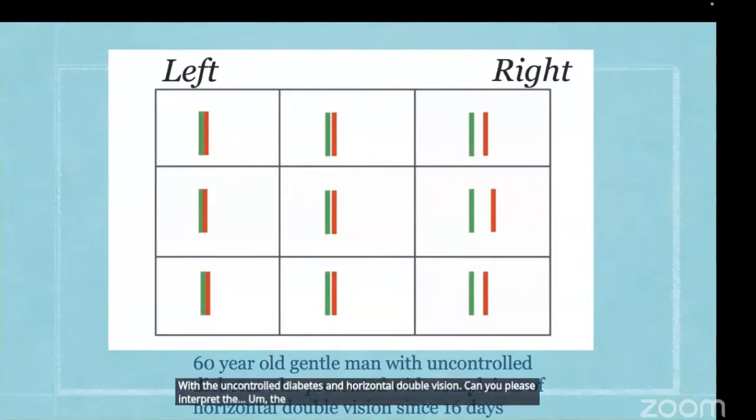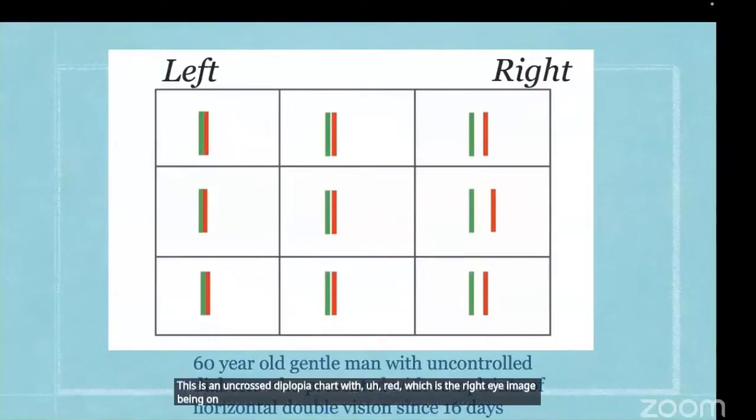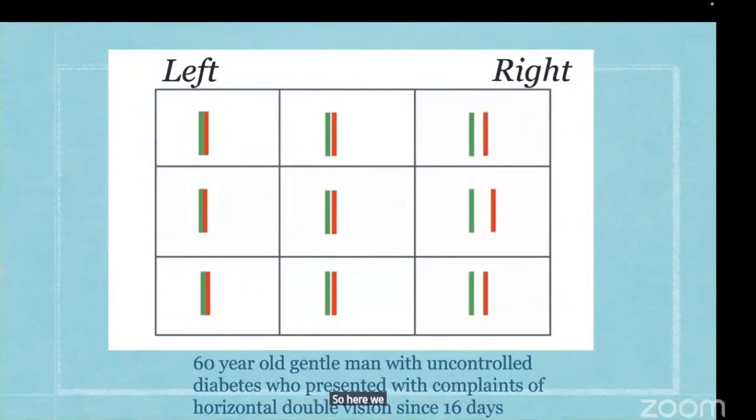Yes, ma'am. So this is an uncrossed diplopia chart, with the red, which is the right eye image, being on the right side, and the green, which is the left eye image, being on the left side. Here we can see that the maximum separation is seen in dextroversion, on the right side.